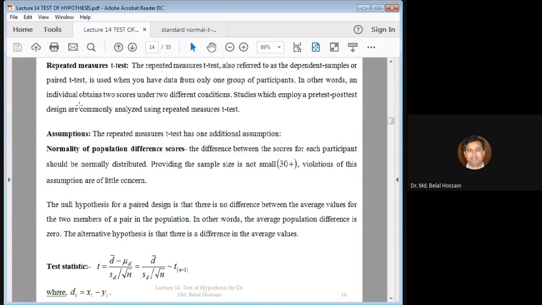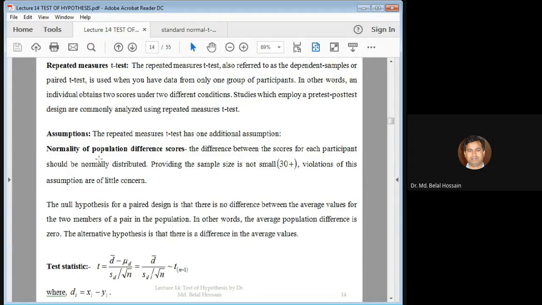We need some assumptions here too. That is, the repeated measures t-test has one additional condition along with the normal random sampling and that data is actually at least interval or ratio level of measurement. That is, data should be numbers.